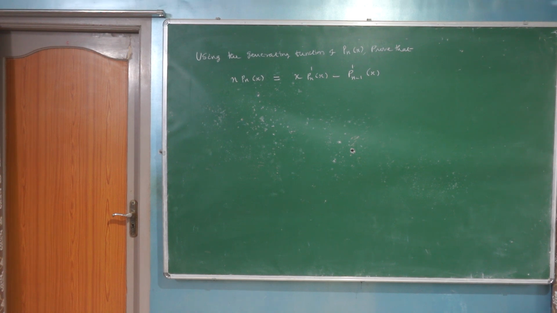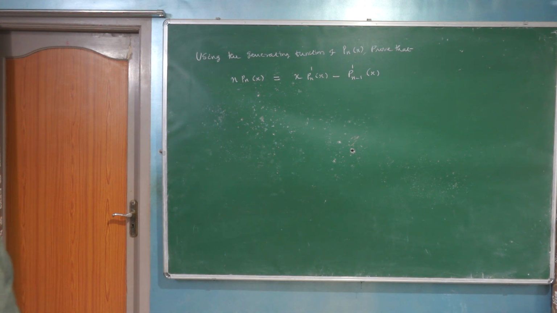Using the generating function of Pn of x, prove that n into Pn of x equals x Pn dash of x minus Pn minus 1 dash of x.